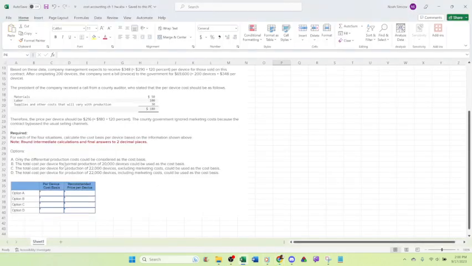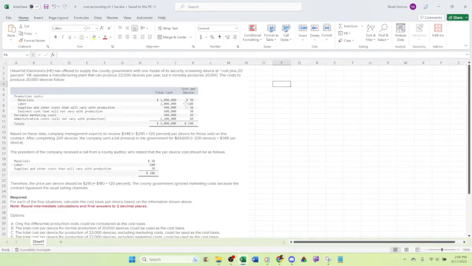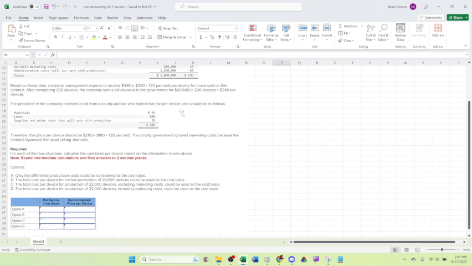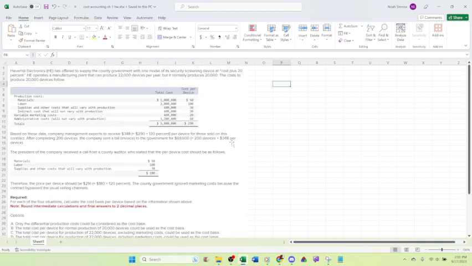B, the total cost per device for normal production could be used as the cost basis. This is the total cost for 20,000 right here, folks. Uh-oh, I just realized something. There could be something wrong here. Uh-oh.